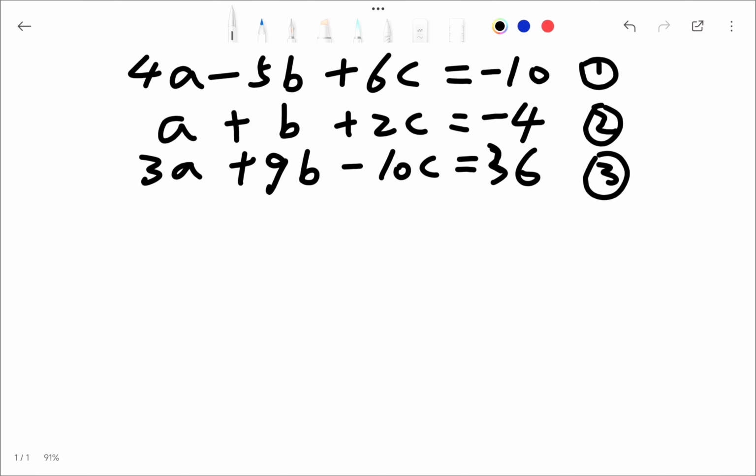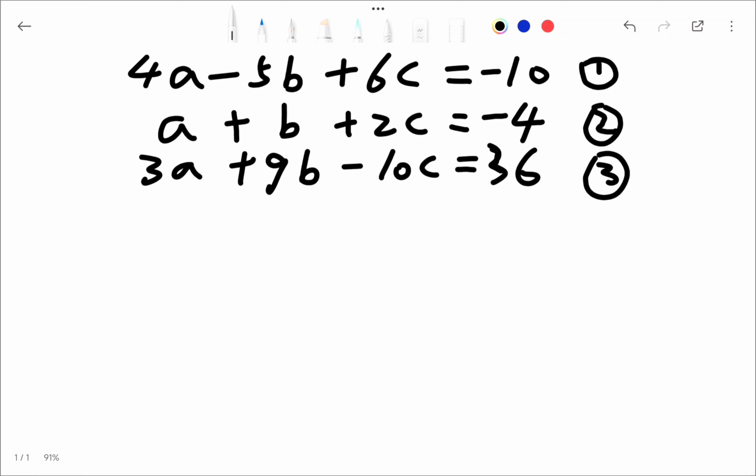We have seen 2 different ways of eliminating variables. It's really up to you which one you prefer. In this question, some of you may think it's easier to use elimination method number 1 by making either A or B the subject because their coefficients are 1.